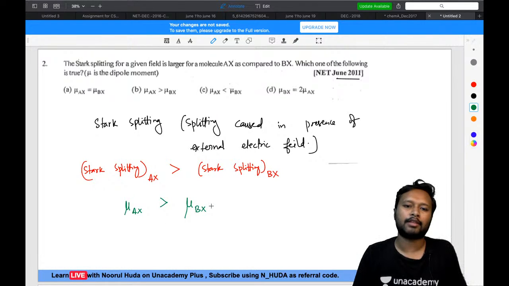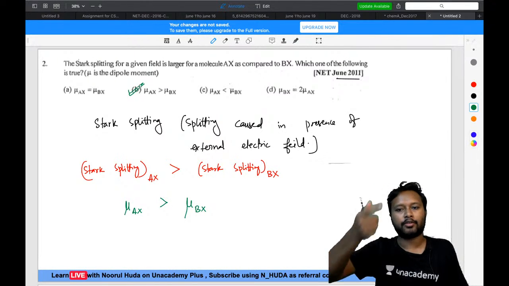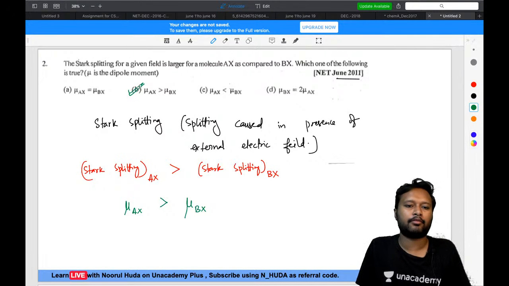So option B will be the correct option for this particular case. It just depends upon the Stark splitting, and on how much moment you have in the molecule, magnetic or electric.